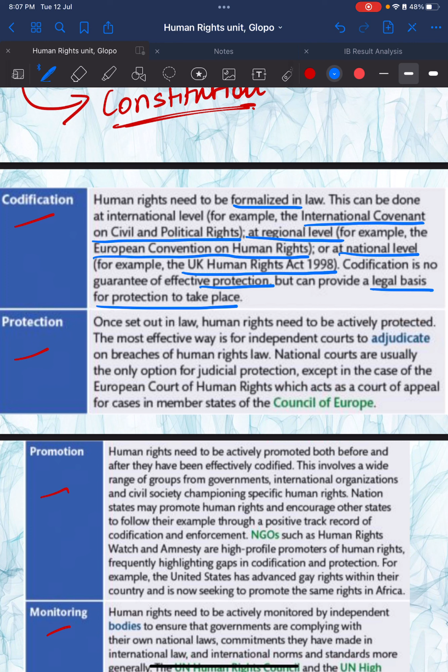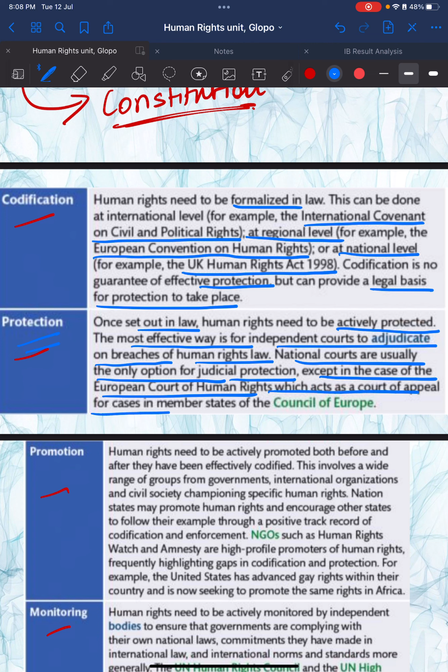Further to this one is protection. Once set out in law, this is the second step, human rights need to be actively protected. The most effective way is for independent courts to adjudicate on breaches of human rights laws. National courts are usually the only option for judicial protection, except in the case of the European Court of Human Rights, which acts as a court of appeal for cases in member states of the Council of Europe.